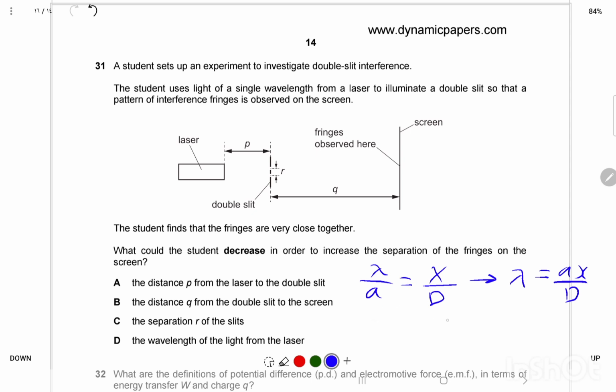So what you have to do here is choose the letters given in the question. Lambda is equal to Rx divided by Q.